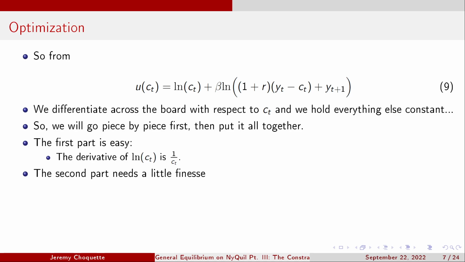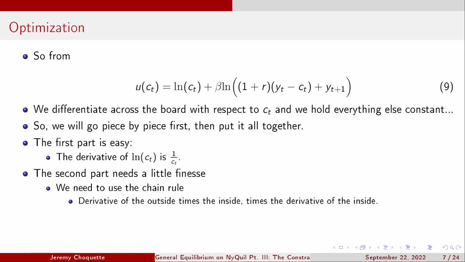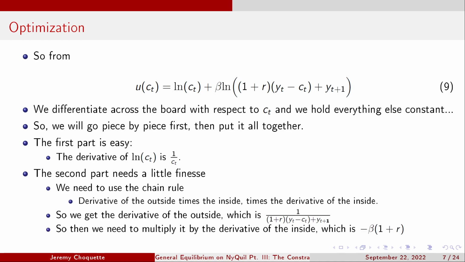Now the second part needs a little bit of finesse. We need to use the chain rule. Maybe you remember that from Calc 1. It's the derivative of the outside times the derivative of the inside. The derivative of the outside is 1 over everything that was in those parentheses: 1 over (1 plus r times y minus c, plus y_{t+1}).